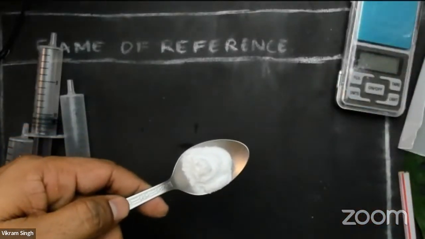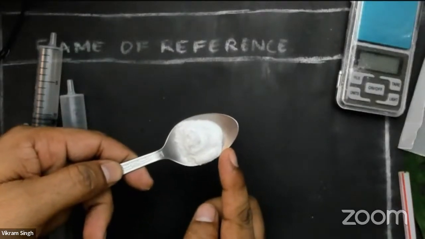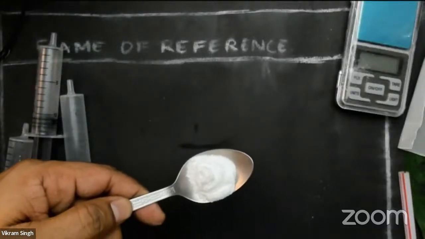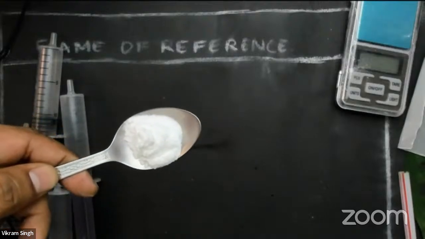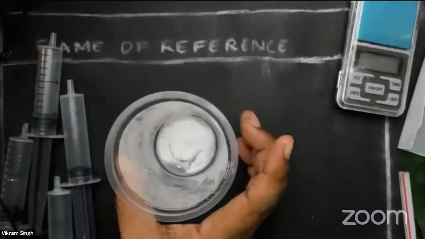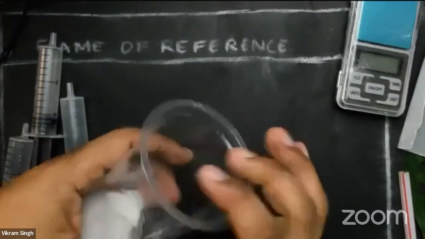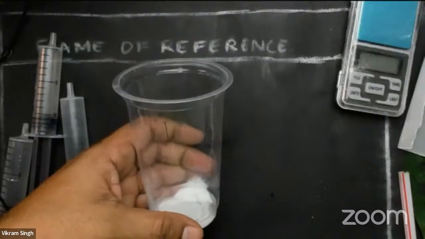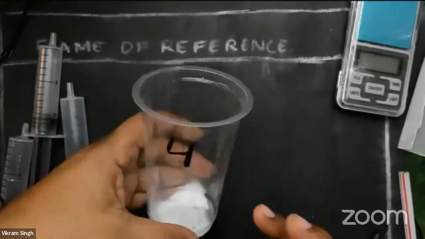So you can take approximately half a teaspoon of the baking soda or sodium bicarbonate and put it in one of the glasses. It already has water. So put 4 gram in one of the glasses and mark it with number 4, because it's a 4% solution we will make.